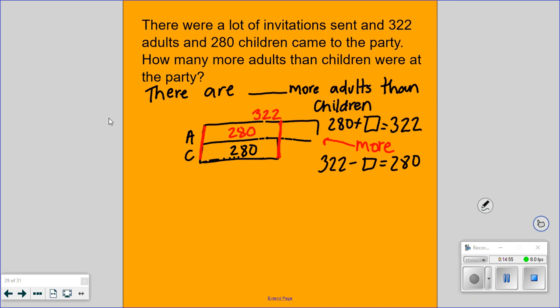So this is a solid equation. I'm going to switch those parts. 322 minus box equals 280 is correct. It's just hard for my brain. Does that make sense? Are you with us? Because Maxon's over here being genius.